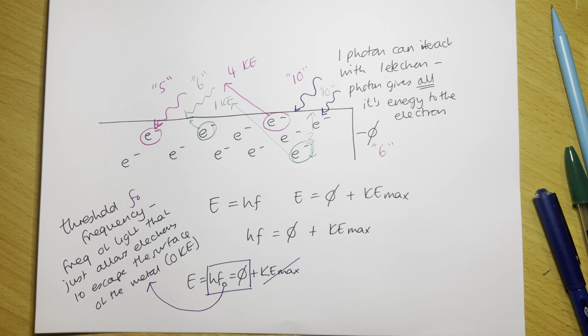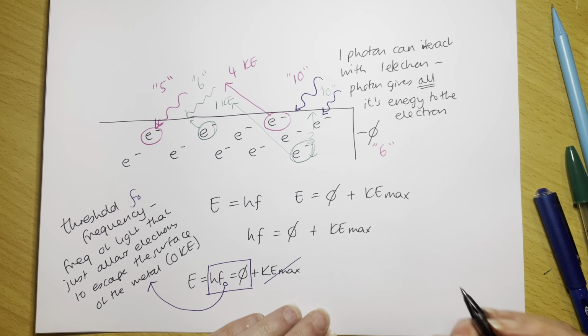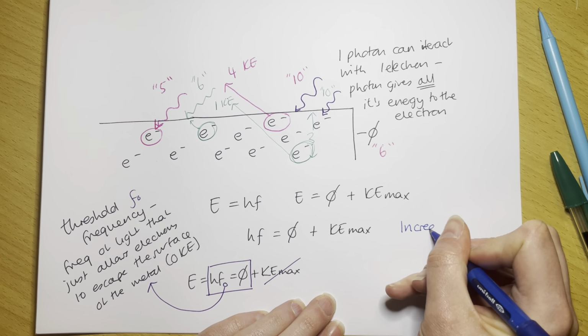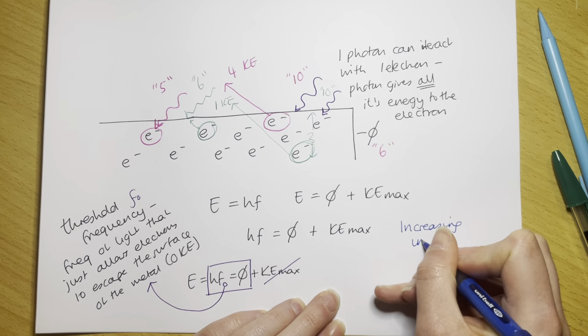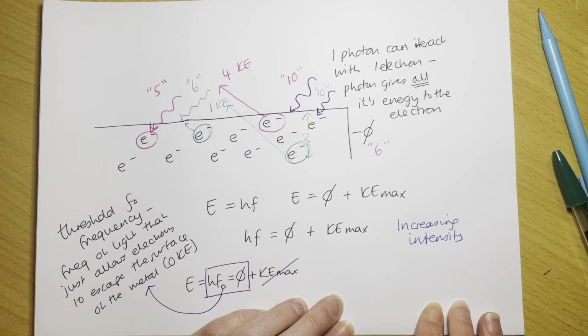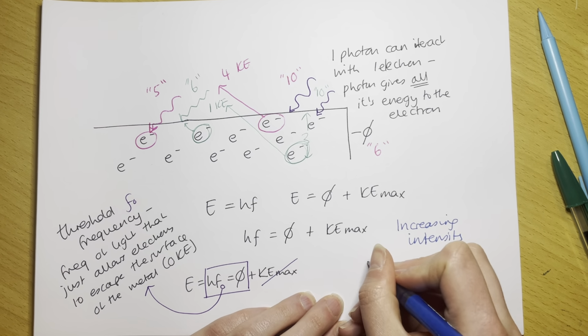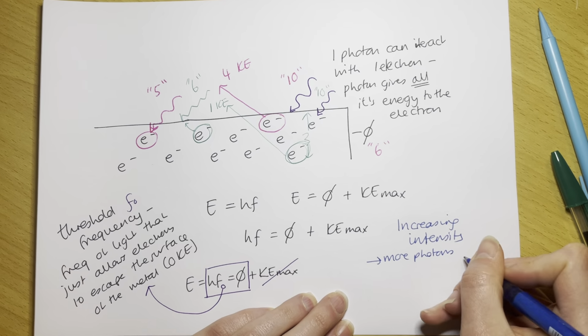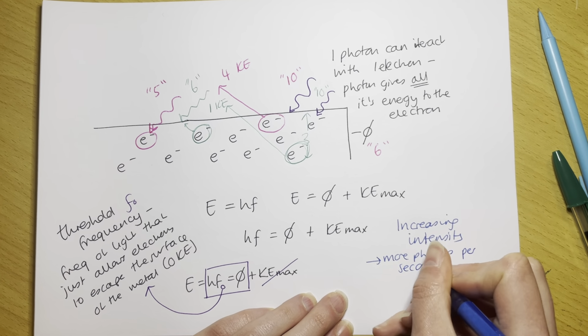I want to think about what increasing the frequency does. So let's do blue. So not increasing the frequency, sorry. I want to think about what increasing the intensity does. Now, increasing intensity means more photons are emitted per second.